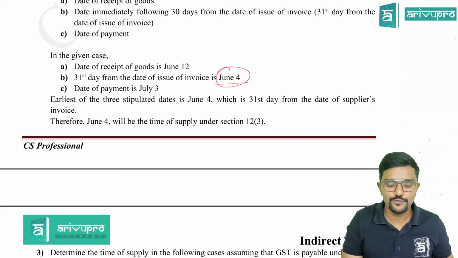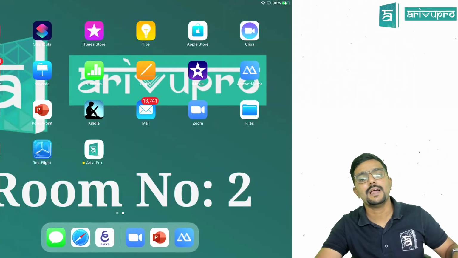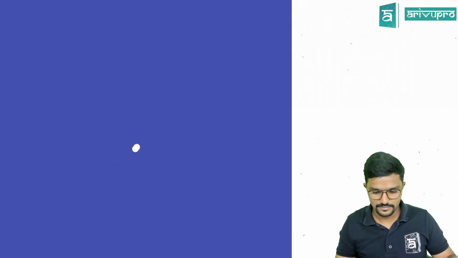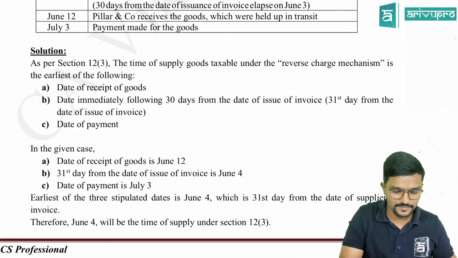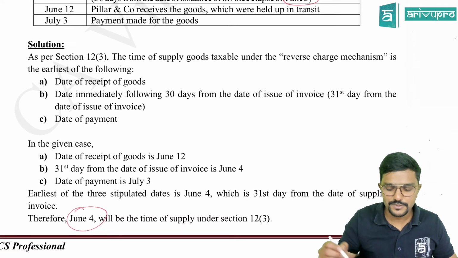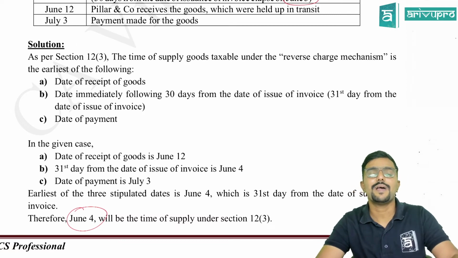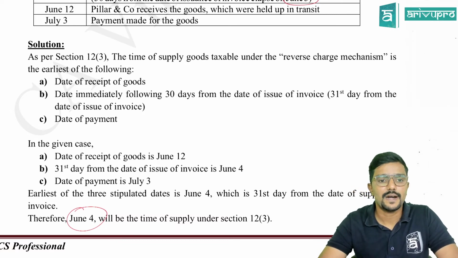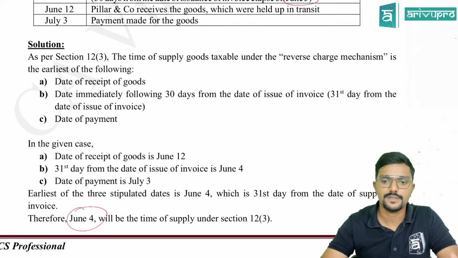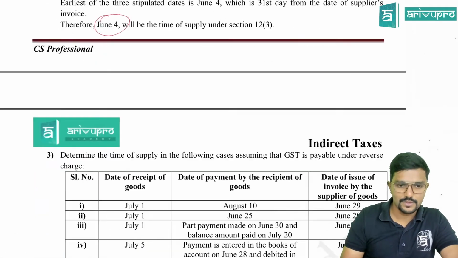Therefore, June 4 will be the time of supply under section 12.3, guys. Is that clear? Yes. Sure. We'll go ahead.